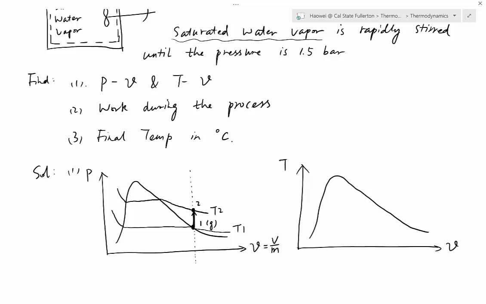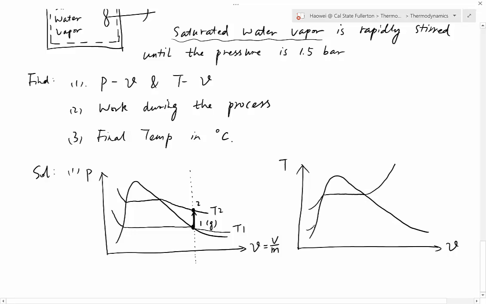Okay, so now let's do the T versus nu diagram. On a T versus nu diagram, we have constant pressure lines. How do you sketch a constant pressure line? Curve up, then a straight line, and then curve up again. This is a constant pressure line.